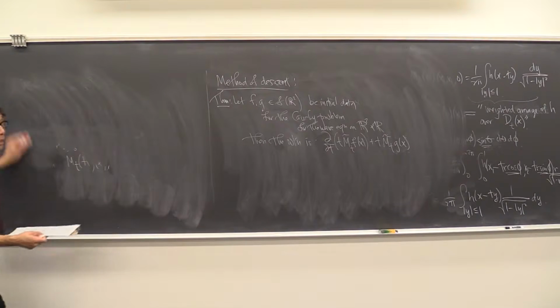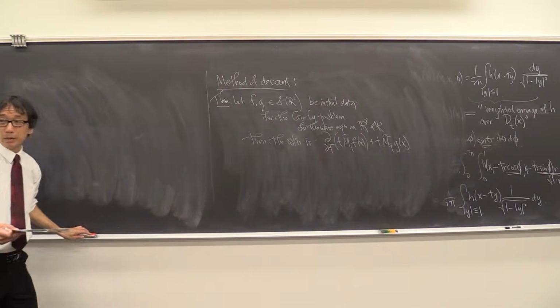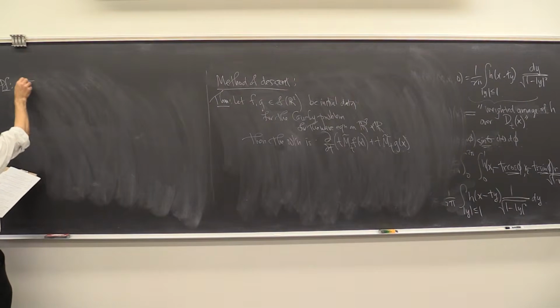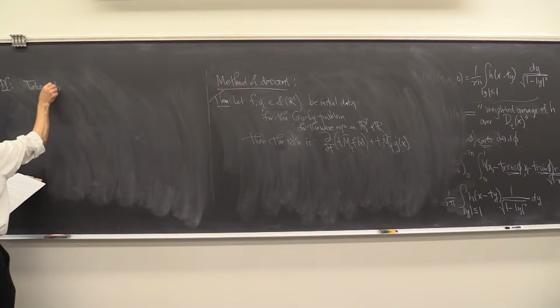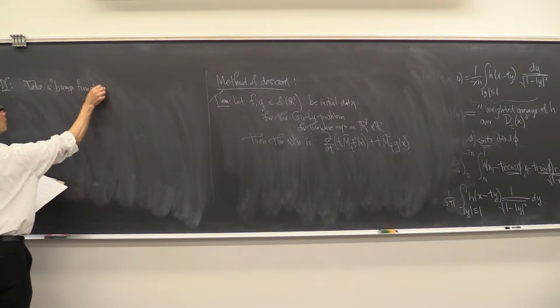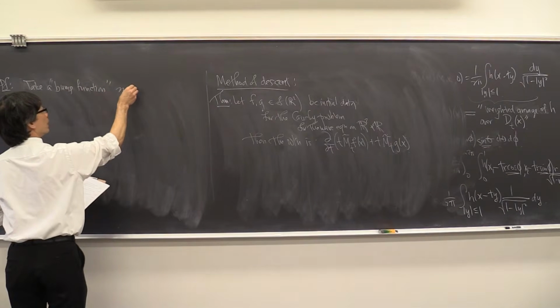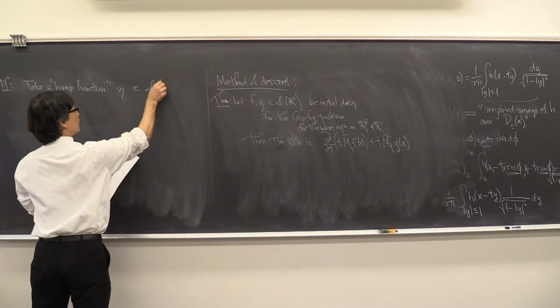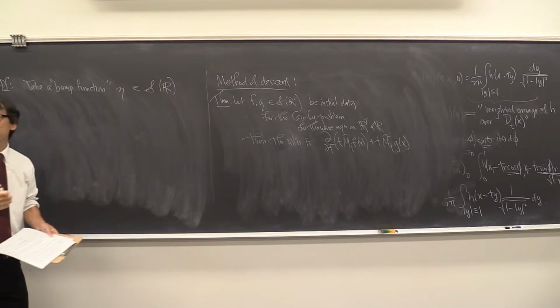Okay, and the way we're going to get this is like we sketched out. So take a bump function, what's called a bump function, eta, that's in the Schwartz class on R.